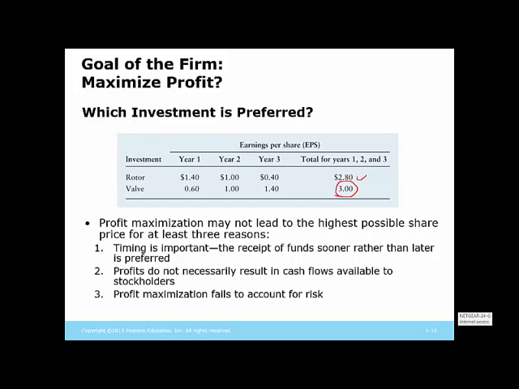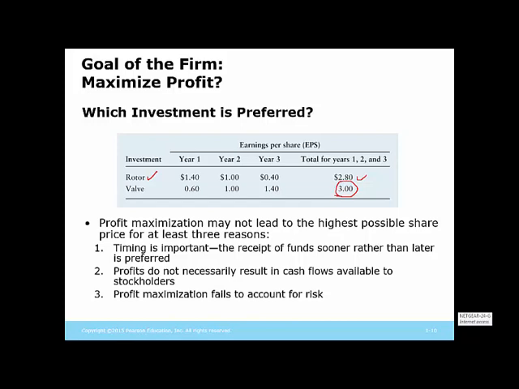First of all, timing is important. You'd rather receive money sooner rather than later. So rotor 1 has an advantage. You get your money quicker. Second, profits don't necessarily result in cash flows. We're going to talk about this to a great extent. We'll have a whole chapter where we talk about some cash flow items.